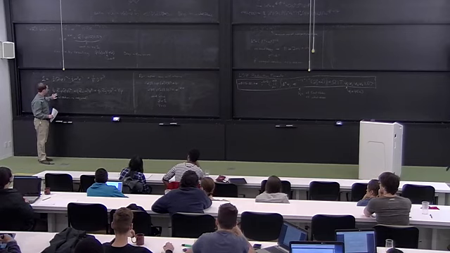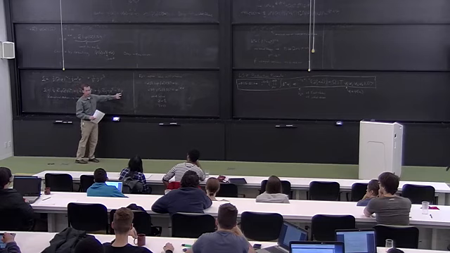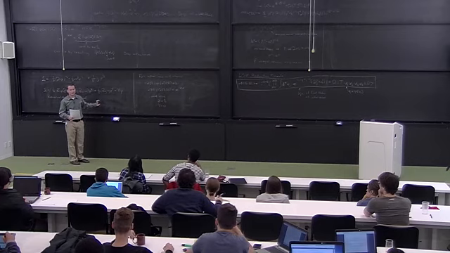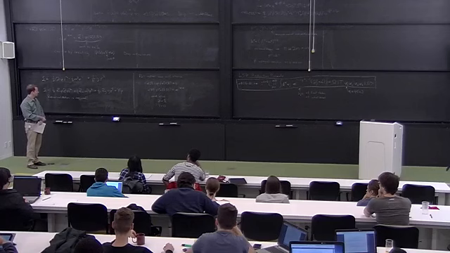The way I've presented things here, you just think of these as numbers for now. Okay. That's an issue we'll come back to, what exactly these mean. I don't have time to go into that.